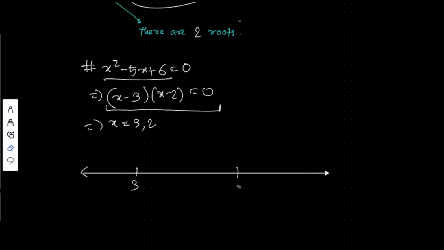Since 2 and 3 are equal cases, they will be solid, and with no greater than or lesser than, the 2 and 3 will be the answer. In the other way, we first divide both sides by x minus 3, then it becomes x equals 2. Then we divide both sides by x minus 2, then it becomes x equals 3. Simple, quick, easy.